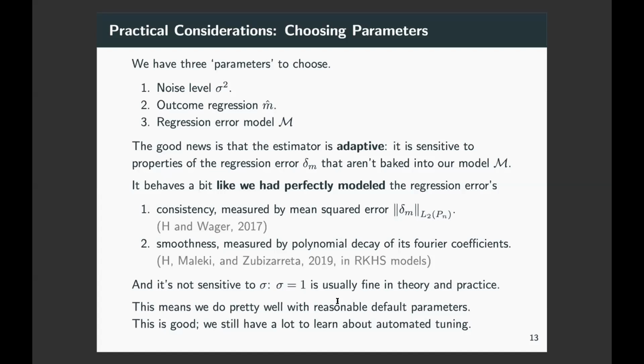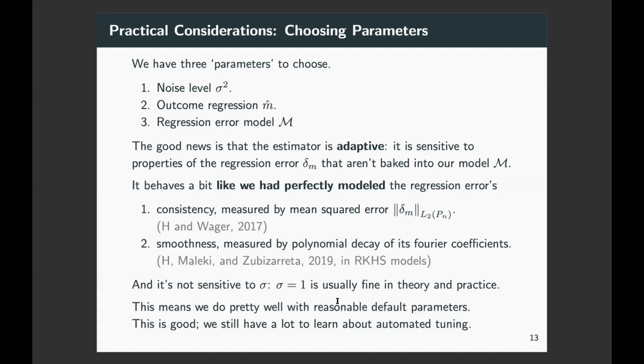I'll give you a bit of the flavor of these adaptivity properties. Basically, the procedure behaves a bit like we had perfectly modeled a couple properties of the regression error. One of them is consistency, say the rate at which its mean squared error decays.